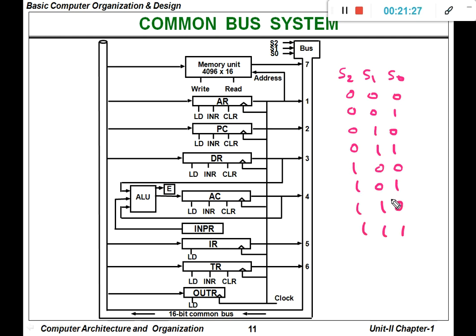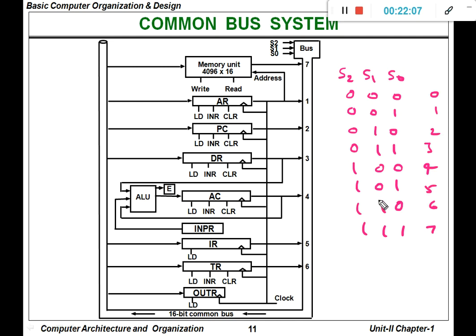So 8 different values we can give to these 3 selection inputs. The decimal equivalents of these values are 0, 1, 2, 3, 4, 5, 6, 7.